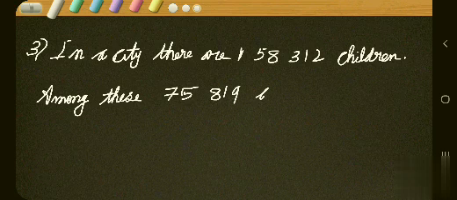75,819 are boys. So among these, how much are boys? 75,819 are boys. So guess the question. What will be the question? Yes, find the number of girls in the city, isn't it?